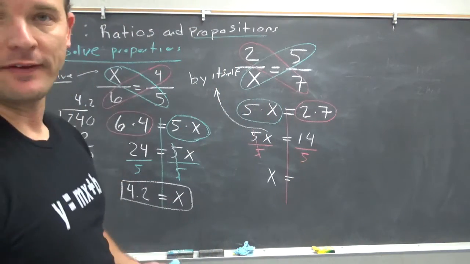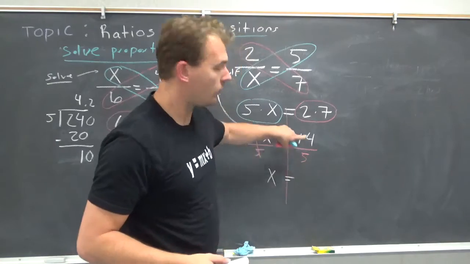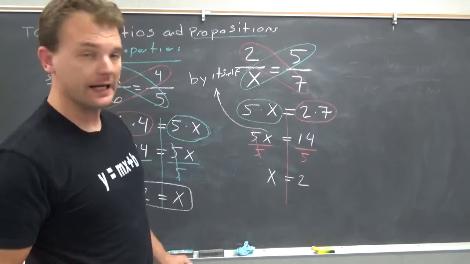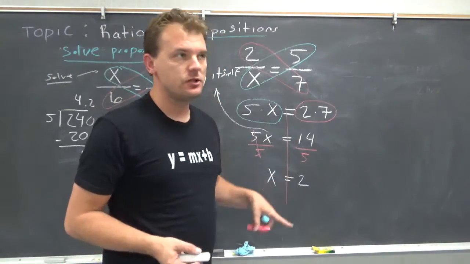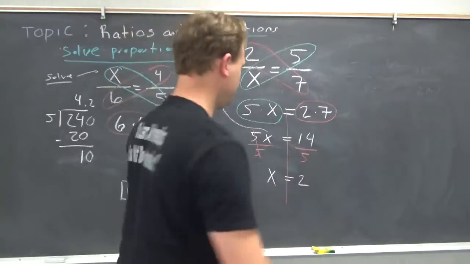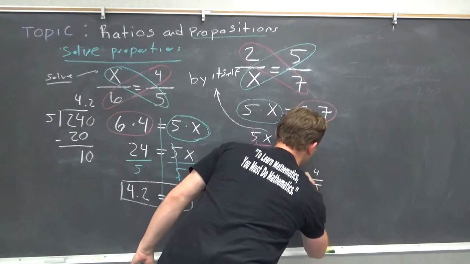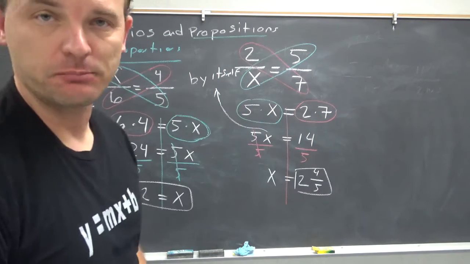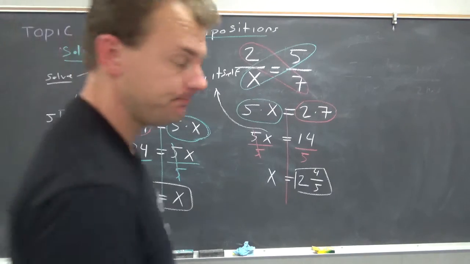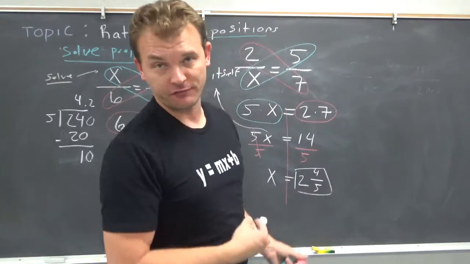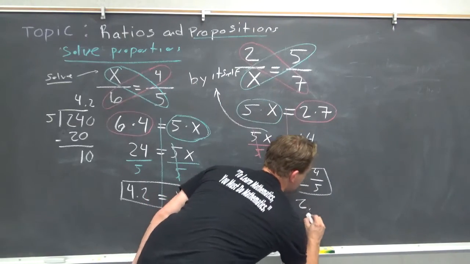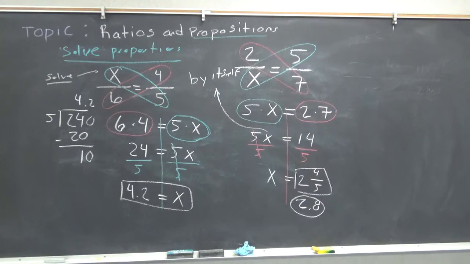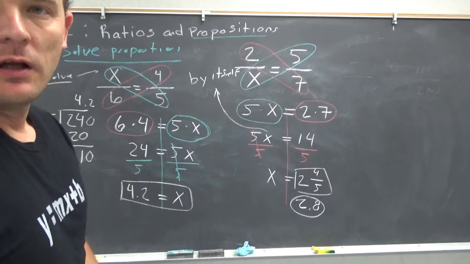And then you simplify this. So how many 5s go into 14? 2. And 5 times 2 is 10, leaving 4/5. That's the fraction part. On a calculator, which you should be using for this, it would be 2.8. So those are those problems.